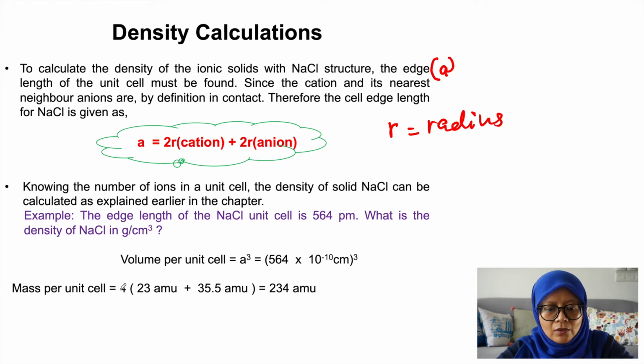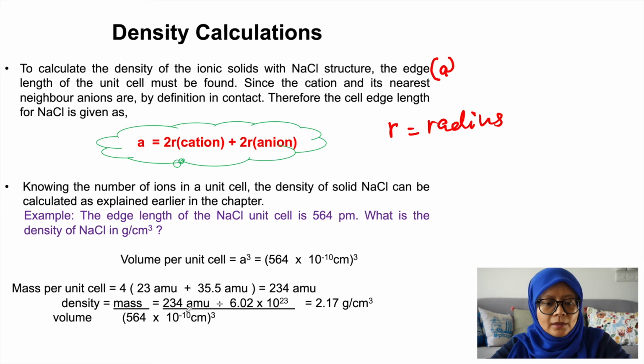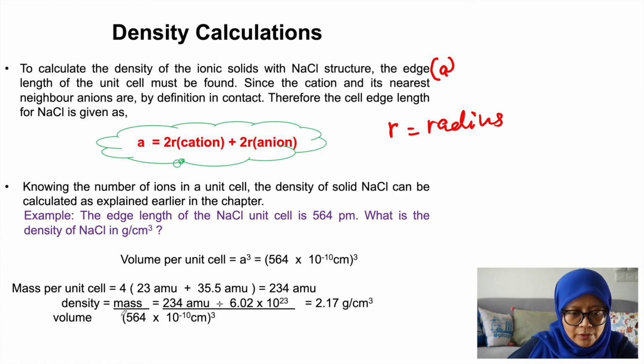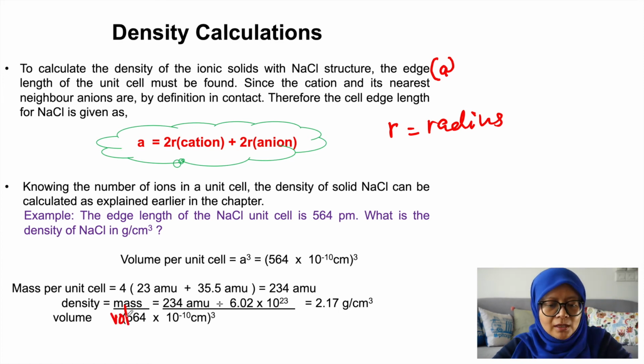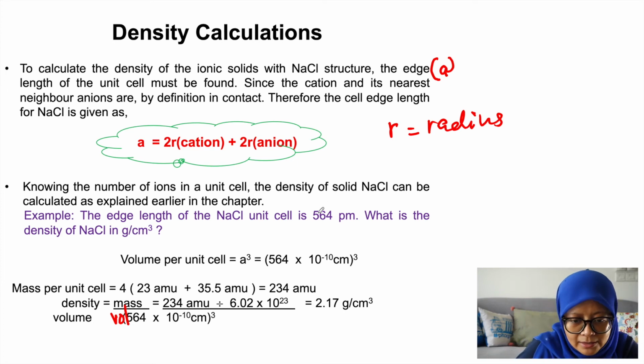Here we have 4 times 23 plus 35.5, the sodium and the chlorine. So we get 234 AMU. Then to determine the density, it is mass over volume. Sorry, the volume is supposed to be here, and the mass should be here.